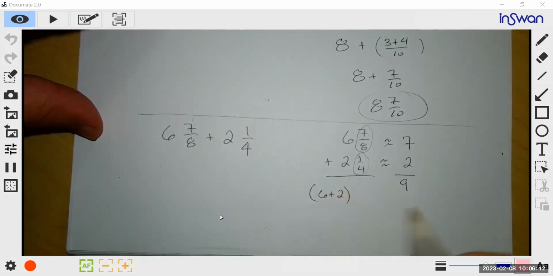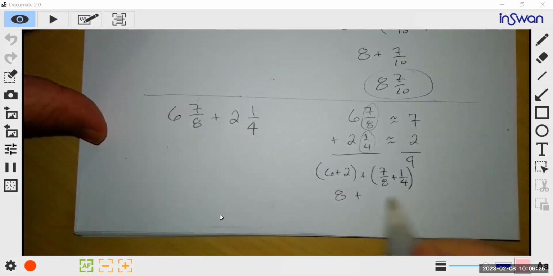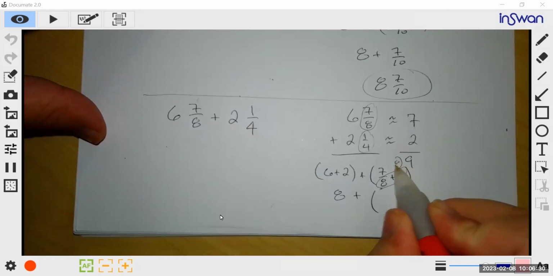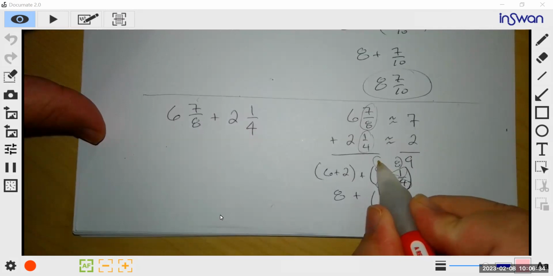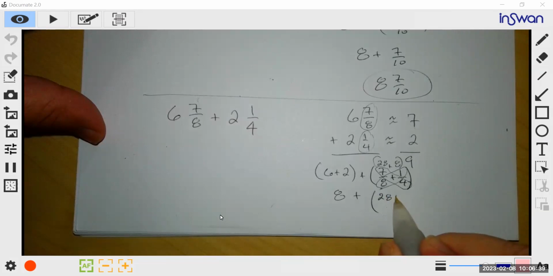So add the integers, then add the fractions. That's 8. 7 times 4 is 28. So I have 28 plus 8. 8 times 4 is 32.